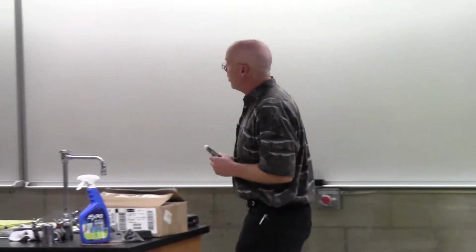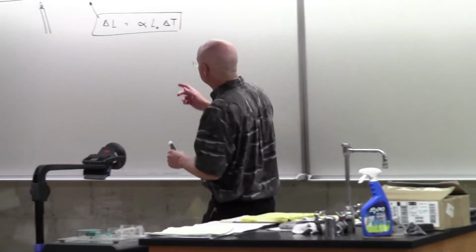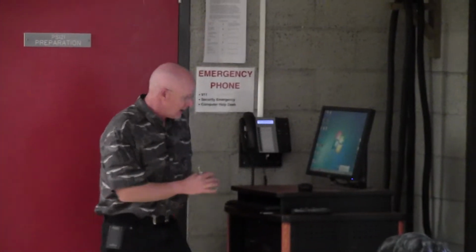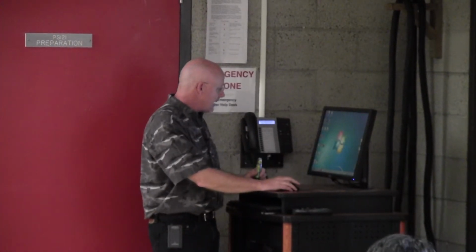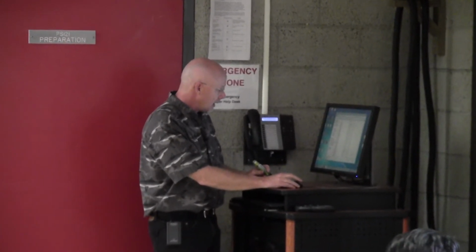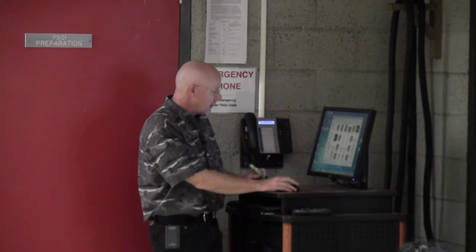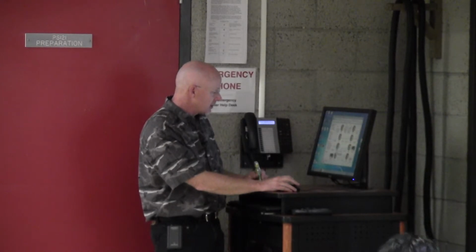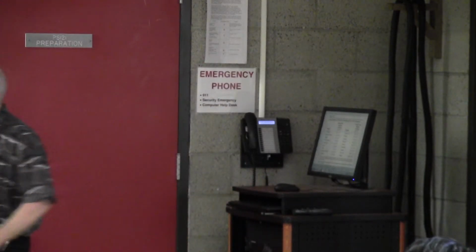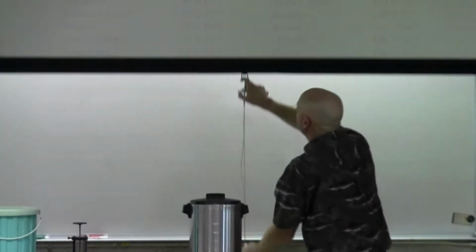So let's keep working on that for a moment. We could put in some numbers here. In fact, maybe it would be a good time to turn on the overhead and get started with that, because your book does make a long list of these thermal expansion coefficients. If I pull this down, we can look at some of these.